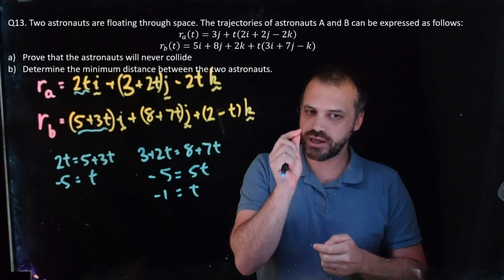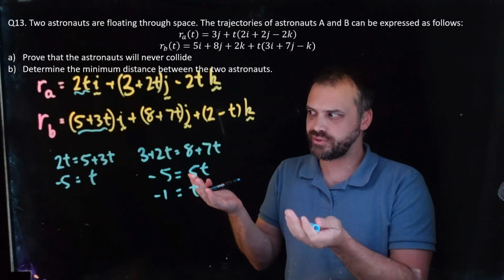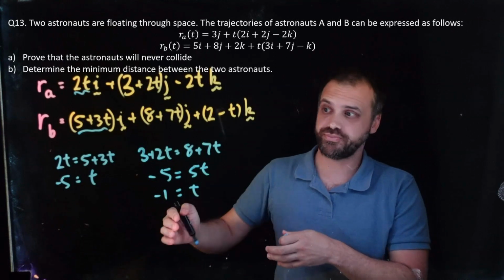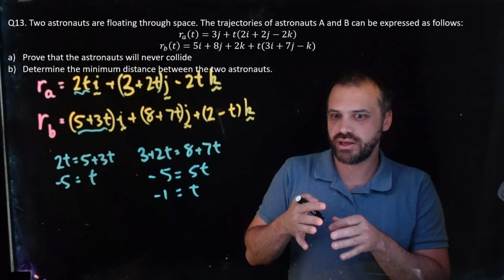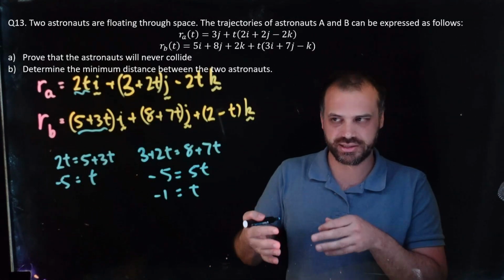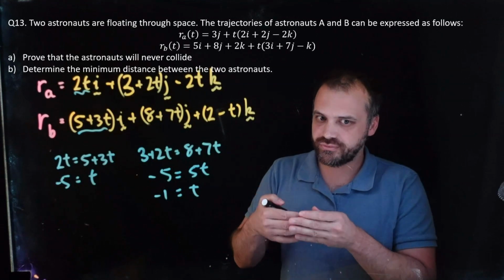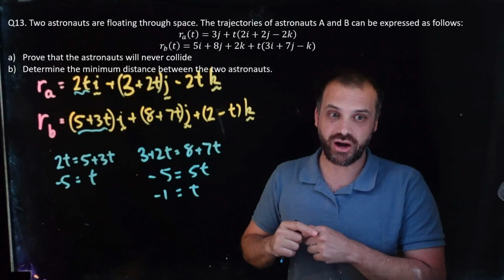There is only one time when their I components, their x position in space, is the same, and that's time negative 5. There is only one time when their y position in space is the same, and that's negative 1. For them to collide, they have to have the same x and y position at the same time, at least.